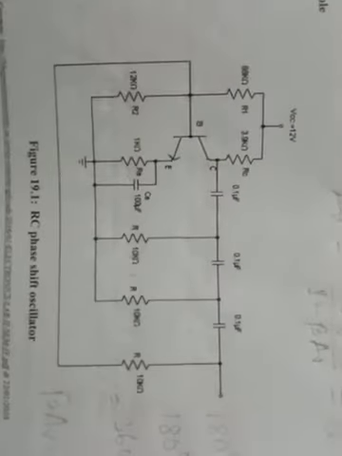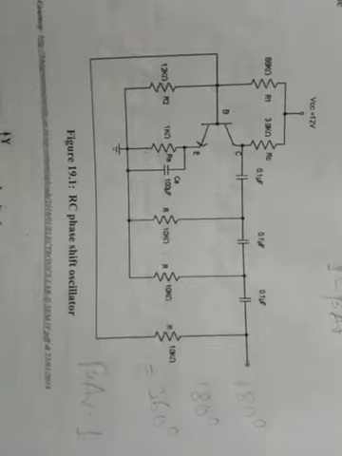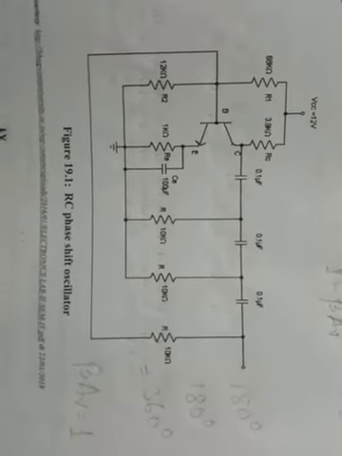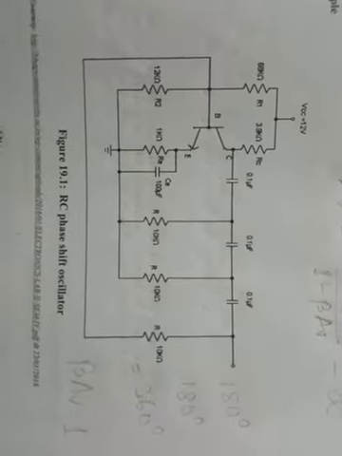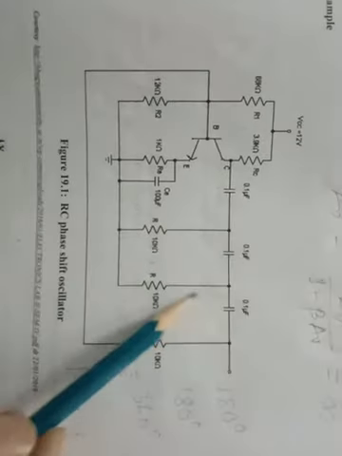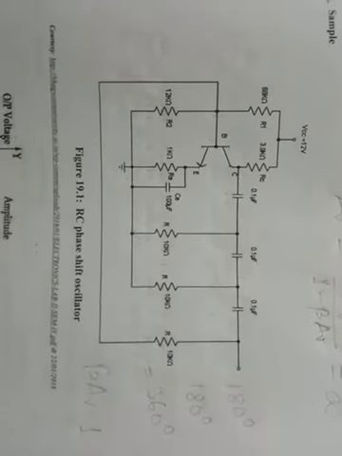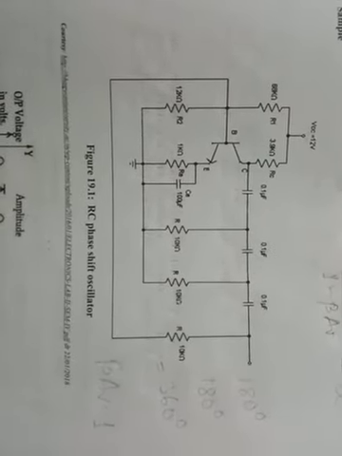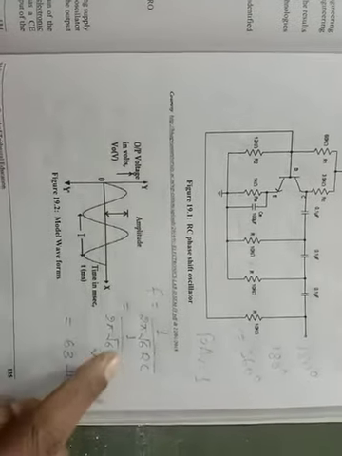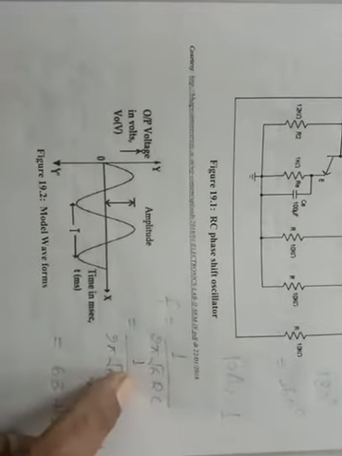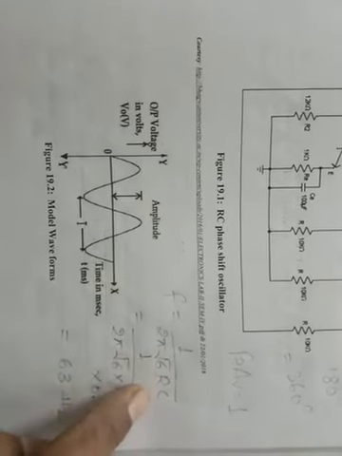Now this circuit is designed to get an output frequency of around 50 Hz. Using the values of the capacitors and resistors, we calculate the output frequency by the formula F equals 1 upon 2 pi root 6 RC.